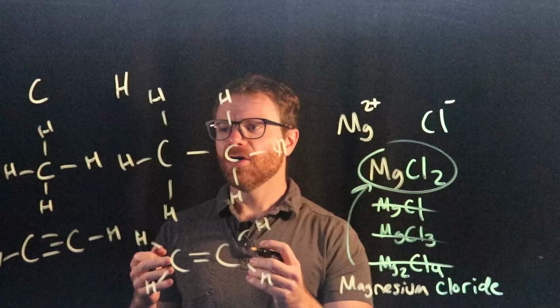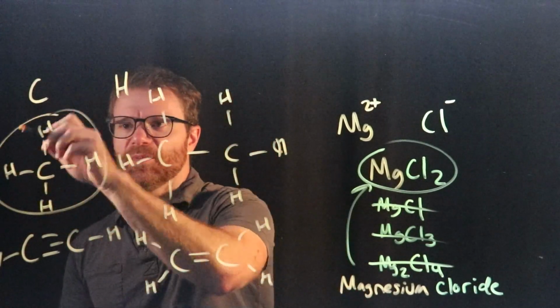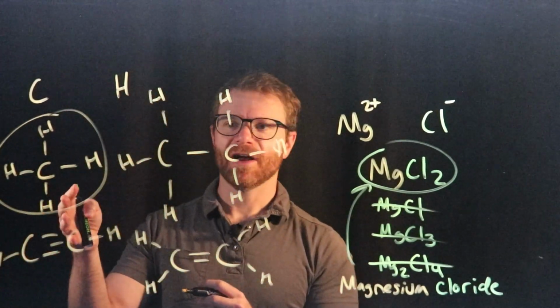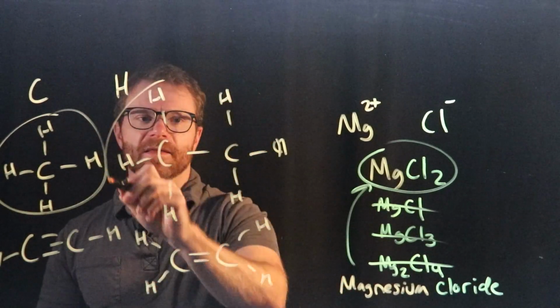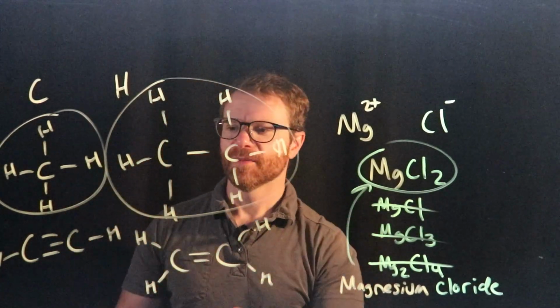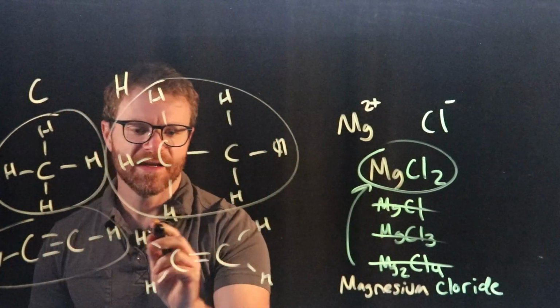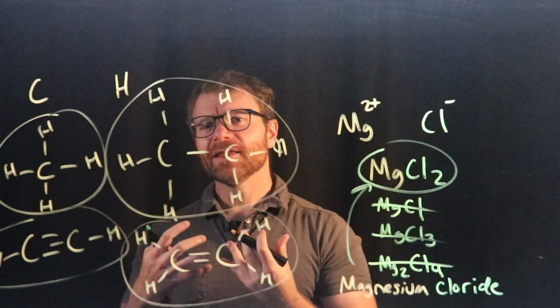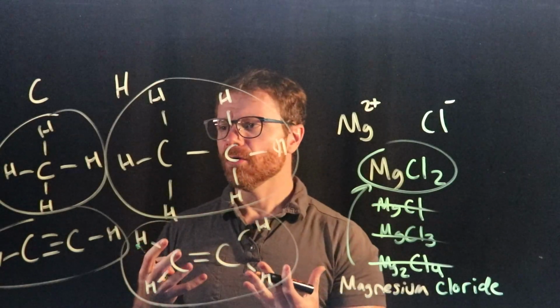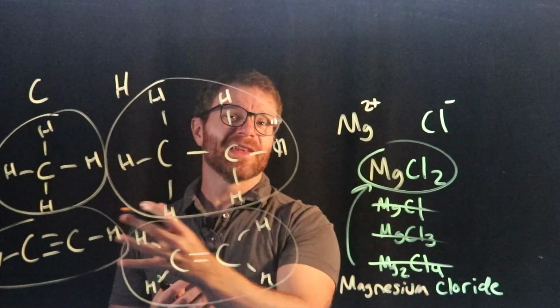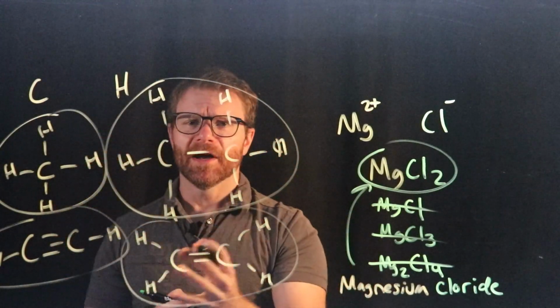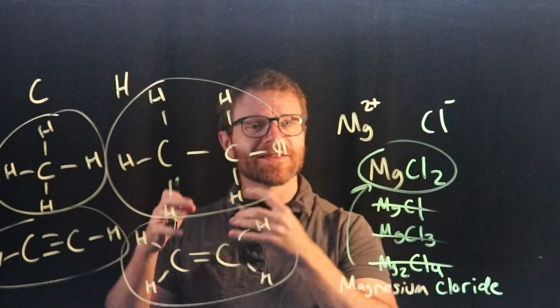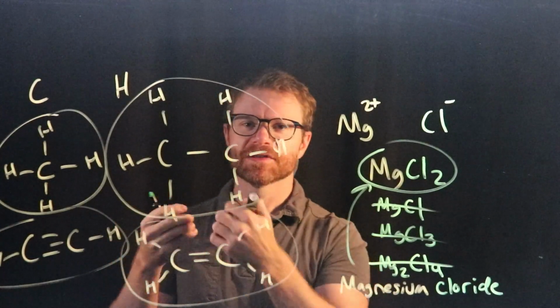So we can't just call this, for example, carbon hydride, because this could also be carbon hydride, and so could this, and so could this. So we're going to need some kind of way of letting the people that we're talking to know what these things are. We can't just call them all carbon hydride, because there's lots of different ways we could stick hydrogens on carbons.